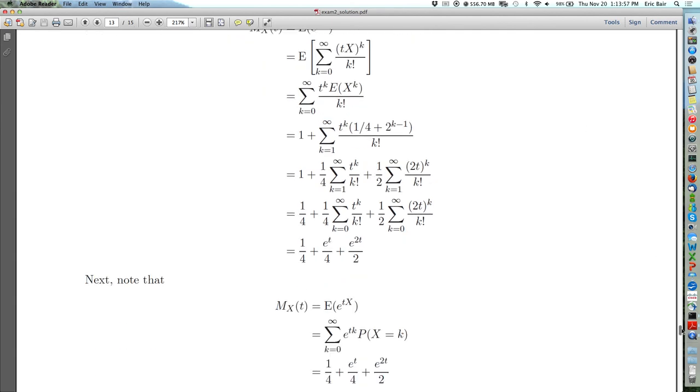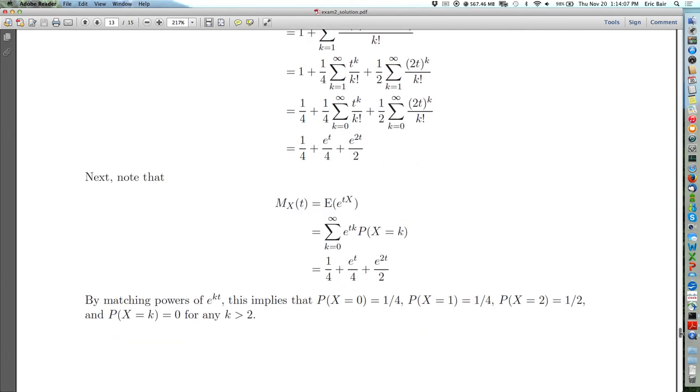Manipulate the infinite sums, and you end up with something that's equal to 1/4 plus e to the t over 4 plus e to the 2t over 2. Then, by definition, the moment generating function is the expected value of e to the tX. So, just matching the powers of t to the k in order for this expression to be equal to this: when k is equal to 0, it has to be equal to 1/4.